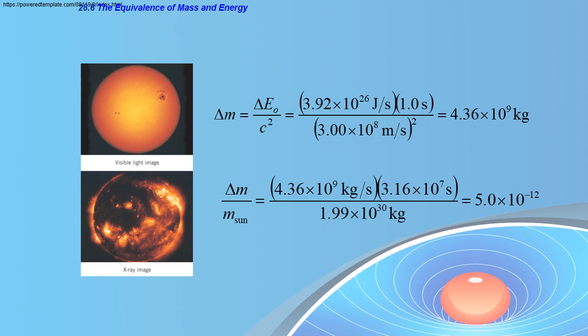In 75 years, the sun loses 5.0 times 10 to the negative 12th of its mass, which means it would take 10 to the 12th lifetimes for the sun to lose all of its mass. So yes, the sun loses about the island of Manhattan every second in mass, but relative to the total size of the sun, it's not that much.